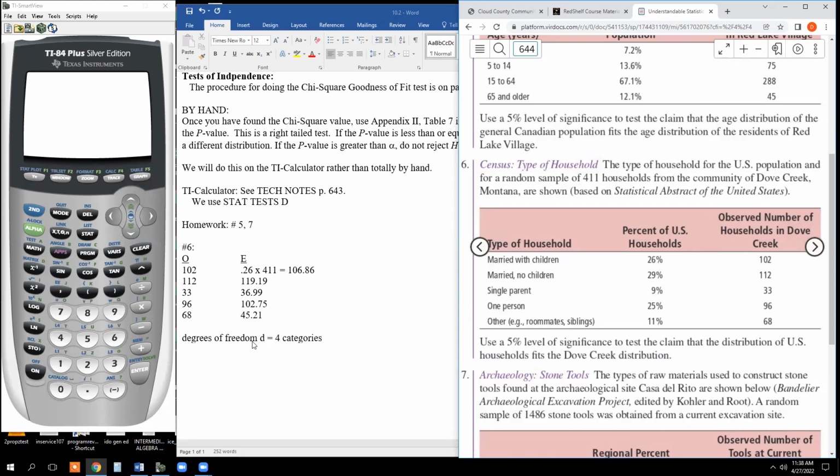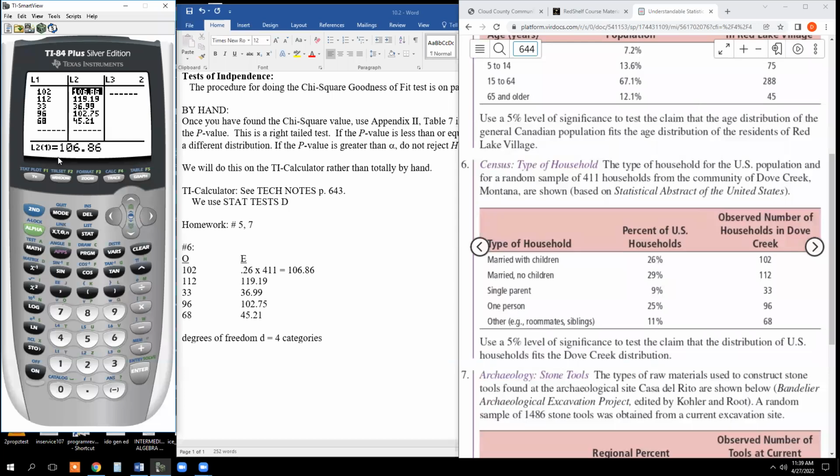We need degrees of freedom because we have to type it in when we go into our chi-square test. So here's what we're going to do. We're going to go into stat, edit. I've already entered in list 1 my observed values, and in list 2 my expected values that I had to calculate.